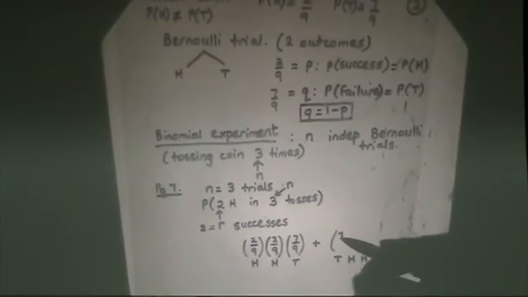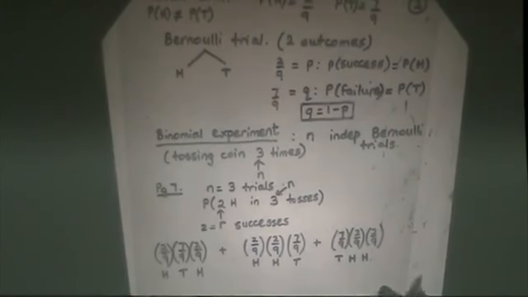Of course I could have had tails first and then heads, heads, in which case I would have had 7/9, 2/9, 2/9. Or the tails could have been in the middle, 7/9, and then the heads on either side, like this. So I have 3 possible arrangements where this could occur.